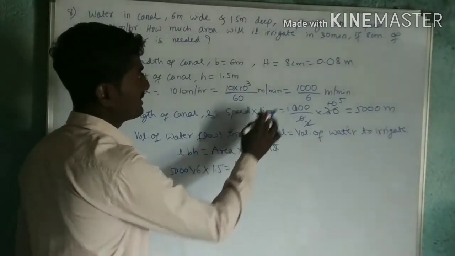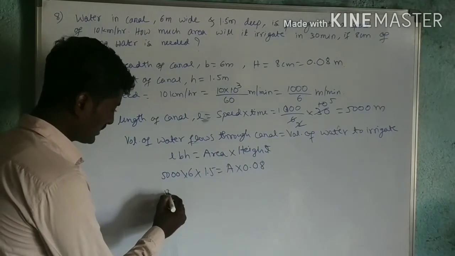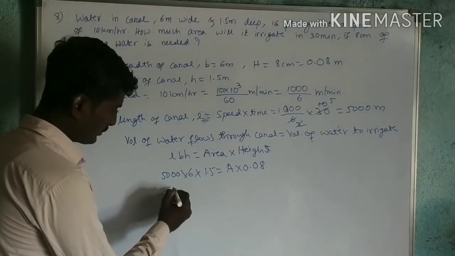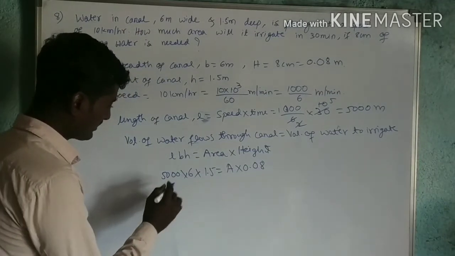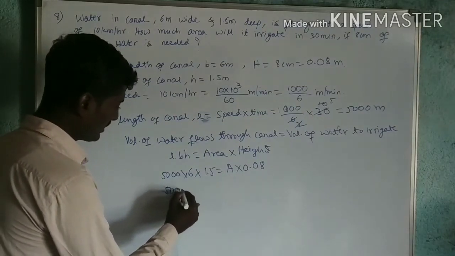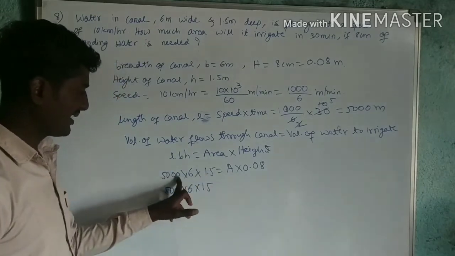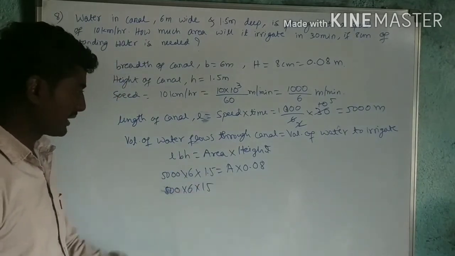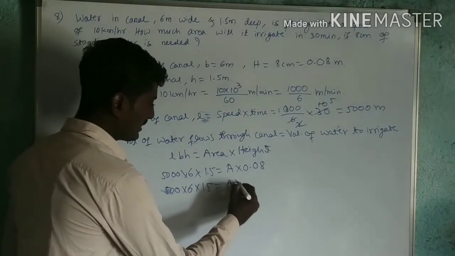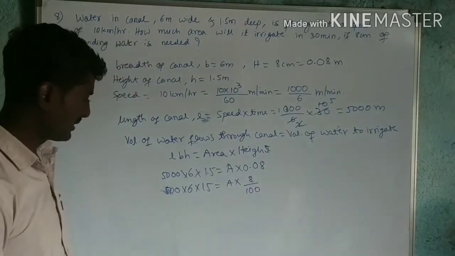Into height, that is capital H, 0.08. 5000 times 6 times 1.5 times 0.08. So I will write it as 5000 into 6 into 15, and instead of 1.5 I take 15 and 8 divided by 100.